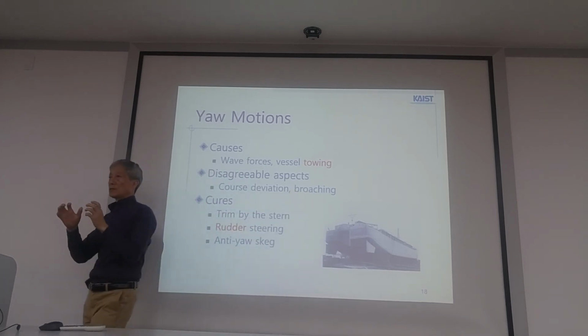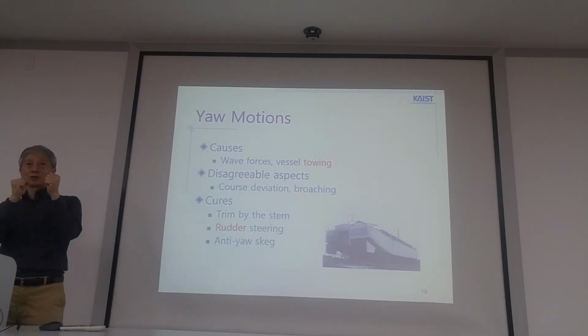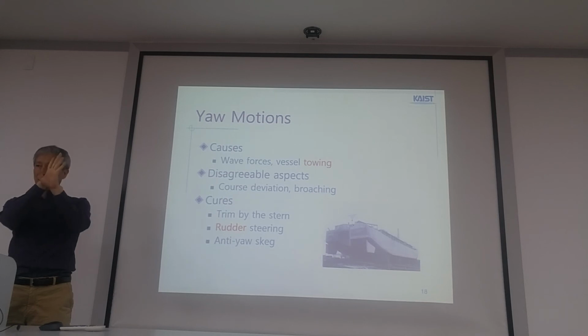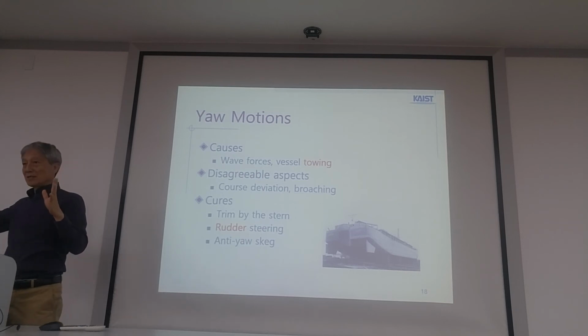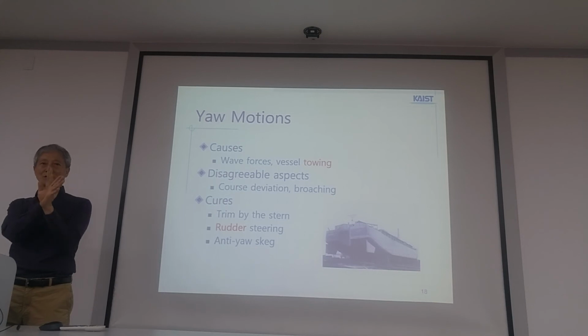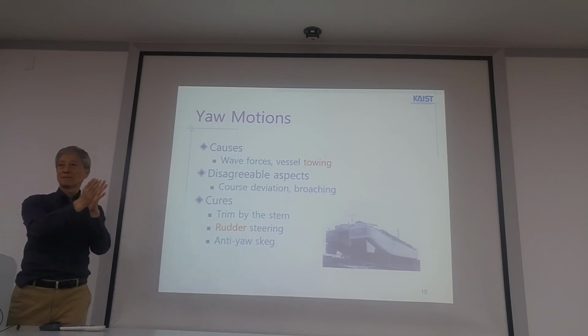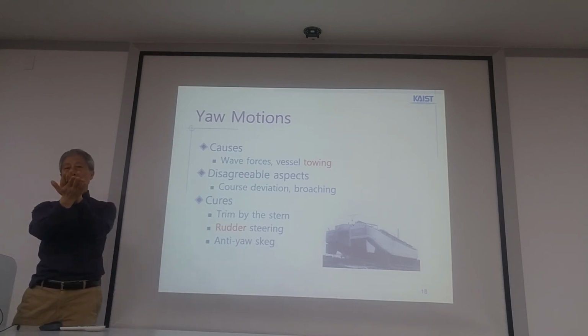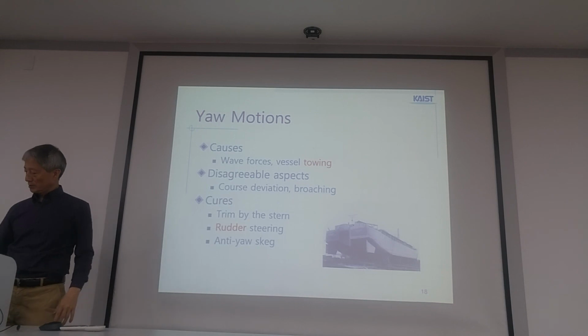The sailor should control the angle of the wind, right, to maximize the speed and also minimize the capsizing, right? So you need a skill. But sometimes the yaw gives you a different, unexpected angle, so it can be broach.